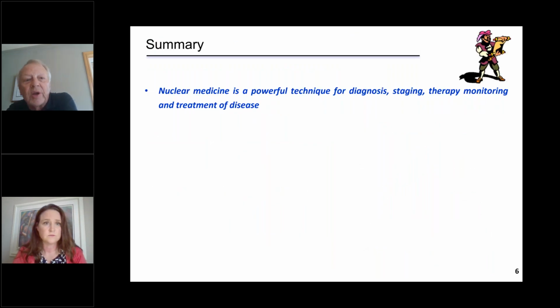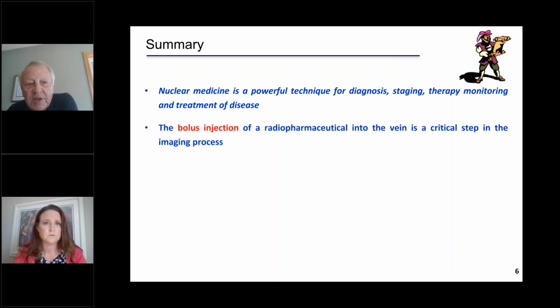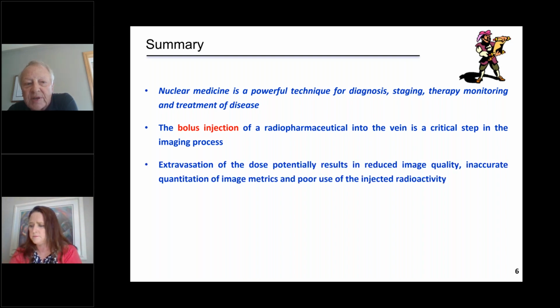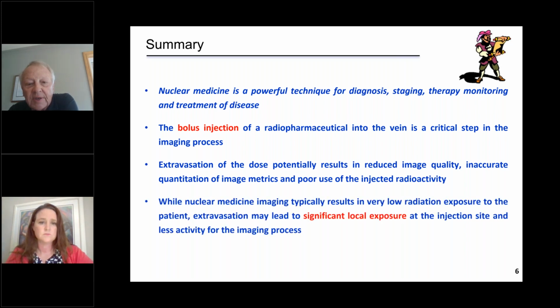So in summary, nuclear medicine is a powerful technique for diagnosing, staging, therapy monitoring, and treatment of disease. The bolus injection of a radiopharmaceutical into the vein is a critical step in the imaging process. Extravasation of the dose potentially results in reduced image quality, inaccurate quantitation of image metrics, and poor use of the injected radioactivity.